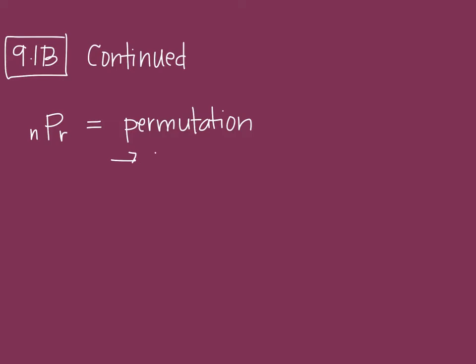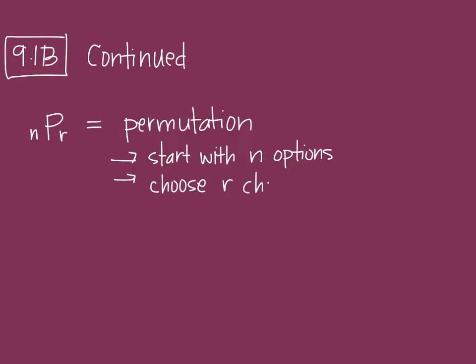What it means is that you start with n options. From those n options, you're going to choose R out of them. And in a permutation, order matters in how you choose things.